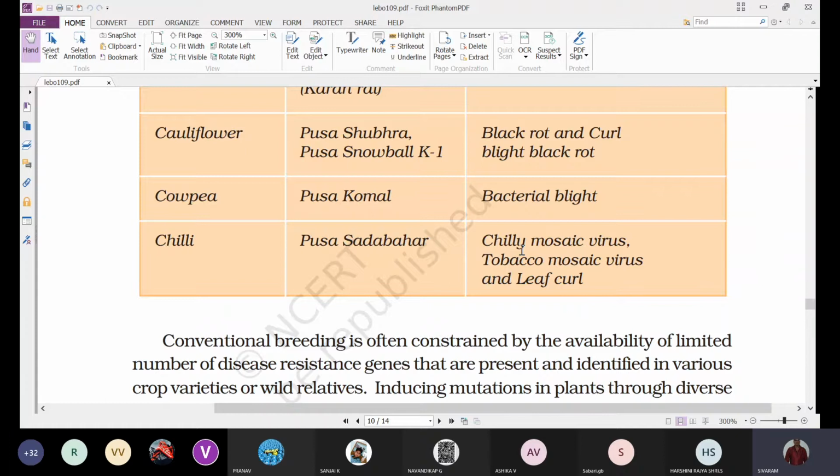As a result, such curled leaves cannot undergo photosynthesis properly, and the yield is reduced. So Pusa Sadabahar, a chili variety, was developed in which we have developed resistance against chili mosaic virus, tobacco mosaic virus and leaf curl disease.